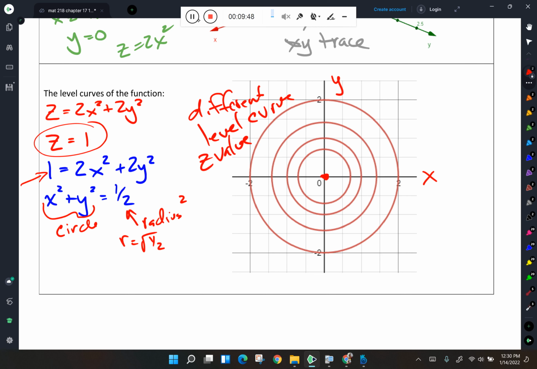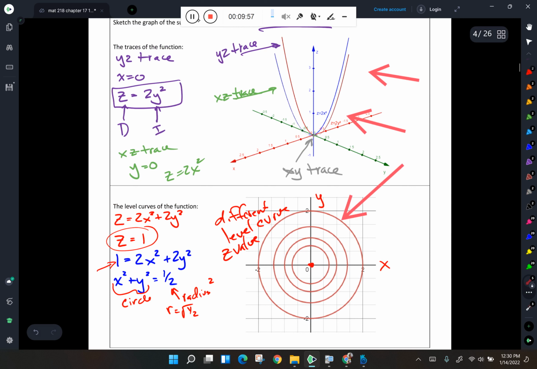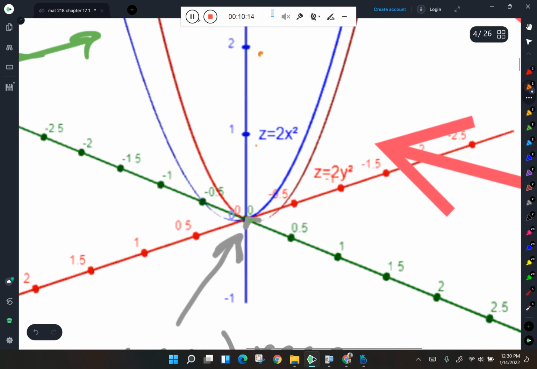So now I'm supposed to put together these traces up here and these circles down here and kind of build a framework, right? So when I take those circles and I move them up into that graph, that means that as I move up the z-axis, I'm going to get different size circles coming in.